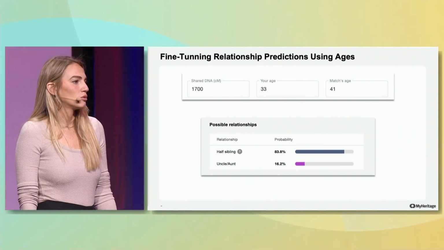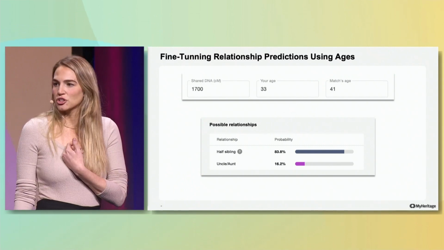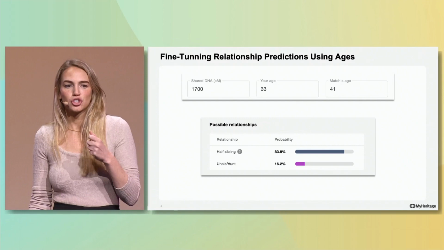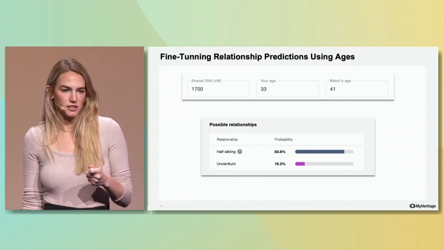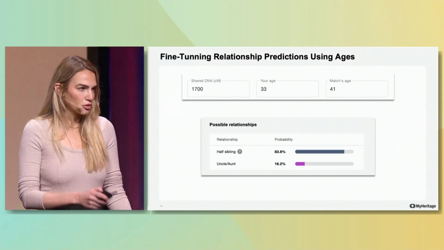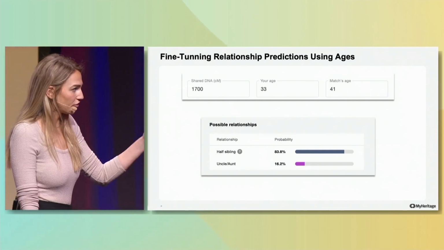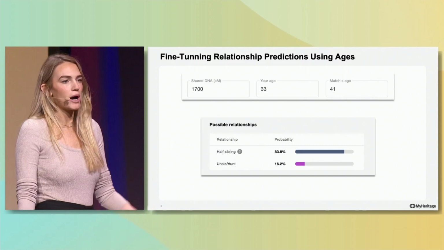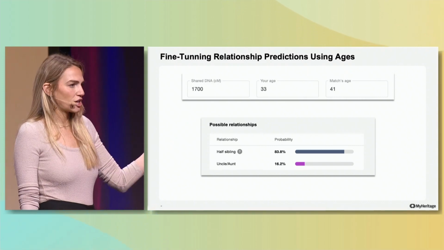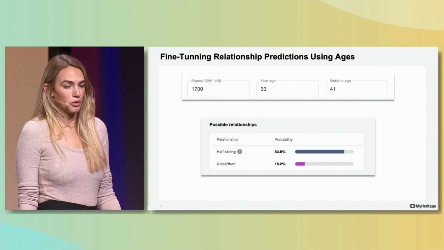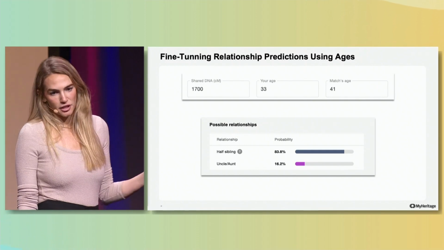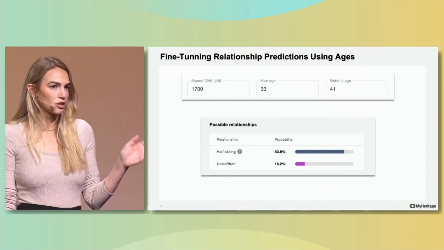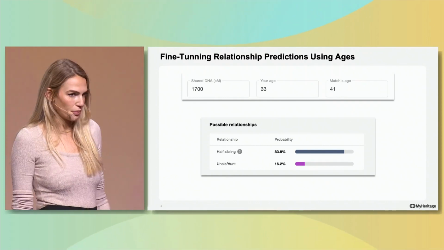And for example, when we know the age difference between me and my match, we can use the distribution that we found to fine-tune the probabilities and the relationship. Here you see an example of the research. 1,700 centimorgans of shared DNA, my age 33, my match's age 41, and MyHeritage was able to tell me that in 83.8% of cases this is a half-sibling, and in 16.2%, it's an aunt or uncle.